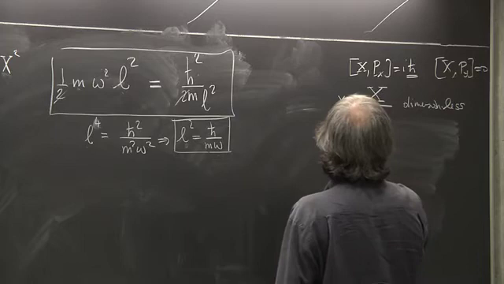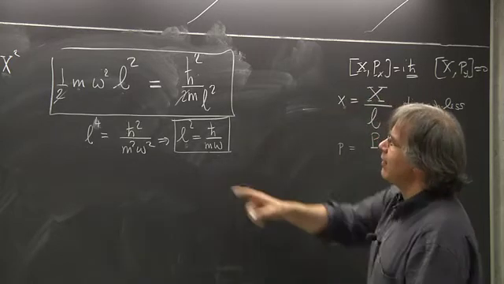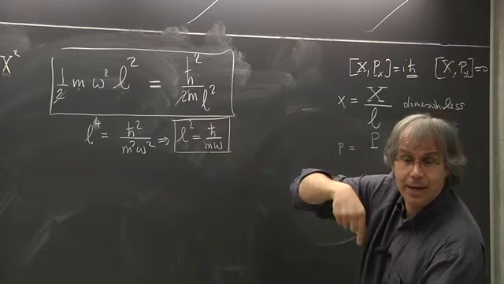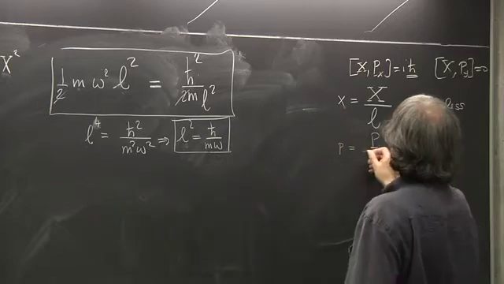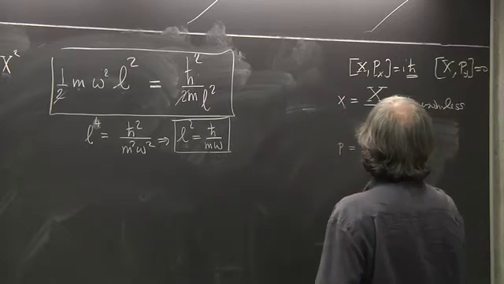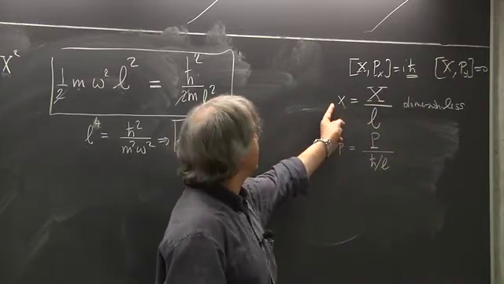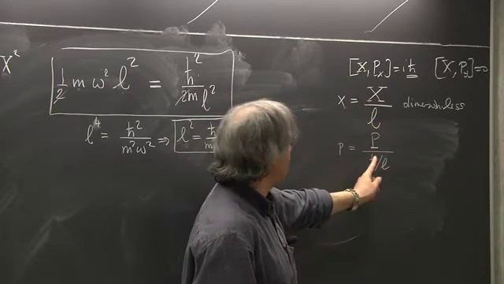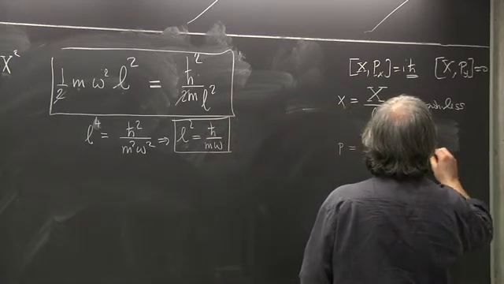What about P? P also has dimensions, obviously. And if I select L to be my units of length, the units of momentum would be h bar over L. Because remember that is minus i h bar, the gradient. So the unit here should be h bar over L. So I define two new coordinate and momenta, which are x over L and p over h bar over L, or if you want, p times L over h bar.